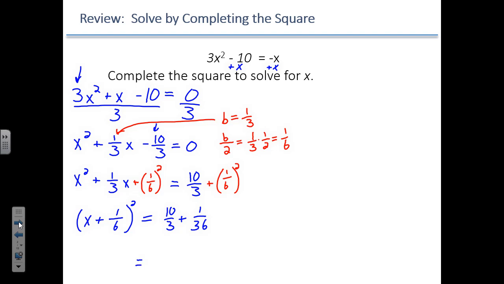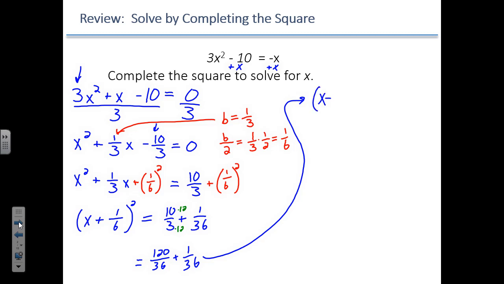If we put these two together on the right side, our common denominator is 36, and that's going to be 120 over 36, because we're going to multiply top and bottom by 12 to get our common denominator, plus 1/36. And so that means that our quadratic is now x plus 1/6 squared equals 121/36. Now we can take the square root of both sides.